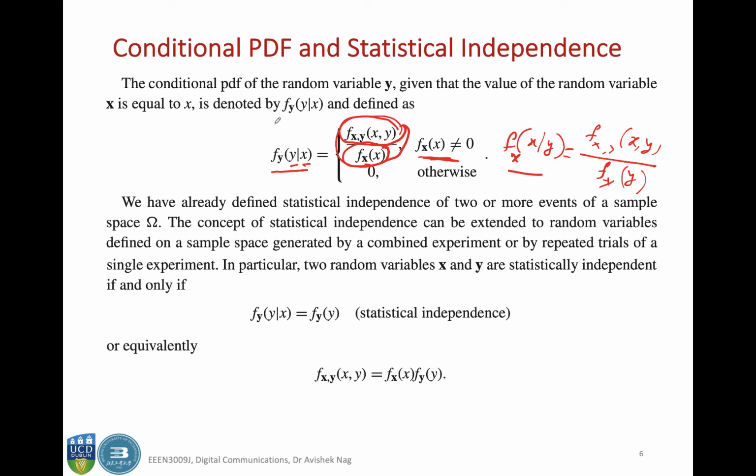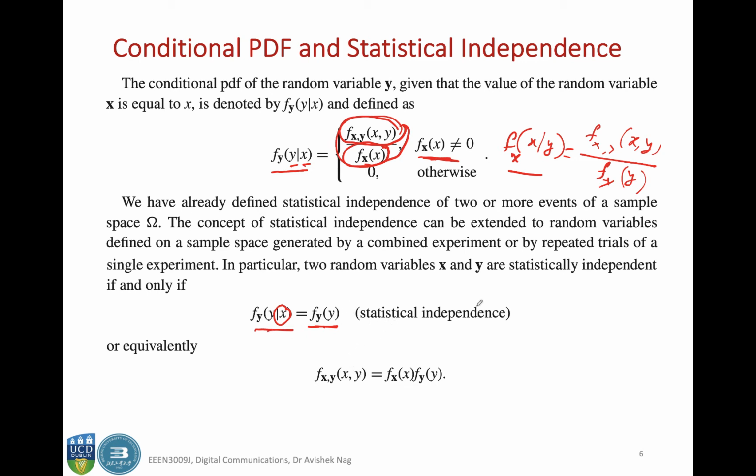And if this conditional PDF of y given x does not depend on x, and it gives you the marginal PDF of y, so whether you condition y over x or not it gives you the same, then this means that x and y are statistically independent.